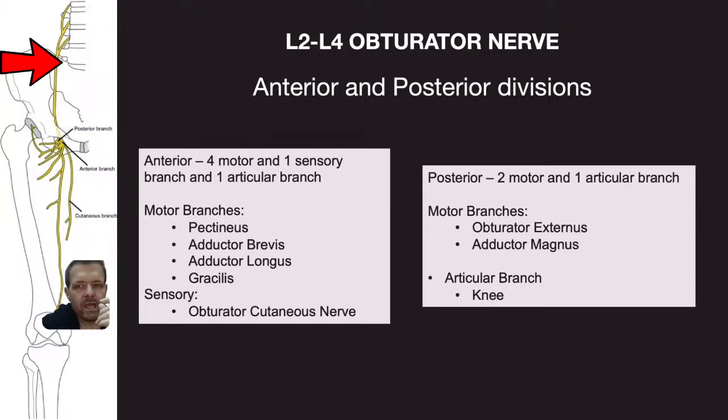So at certain parts of the nerve, we've got different types of pathways. We've got some that are receiving information and some that are sending information. So in this point here of the nerve, just up here, we will have stuff being received from this branch, the articular branch. We'll have stuff being received from this branch, the cutaneous branch, and then there's another cutaneous branch around here as well.